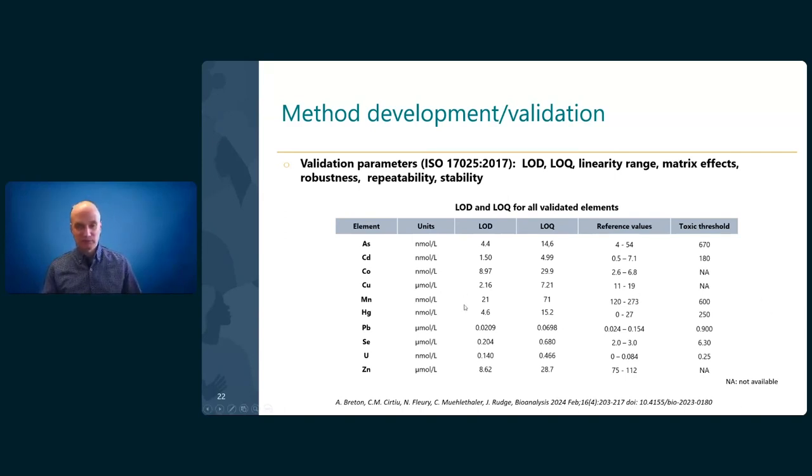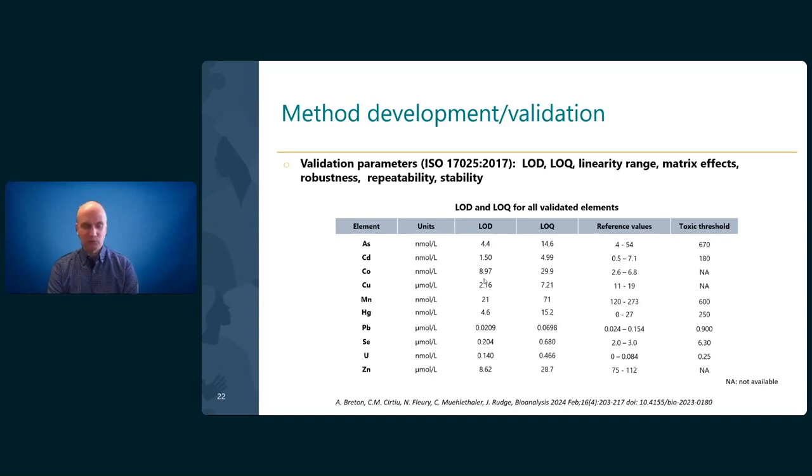Most of them show very good, very low detection limits. Obviously, when we compare with the standard method where we only dilute the sample and shoot onto the ICP-MS, we might expect lower detection limits for the dilute and shoot approach instead of digestion and dilution, as is the case here with the VAMS.